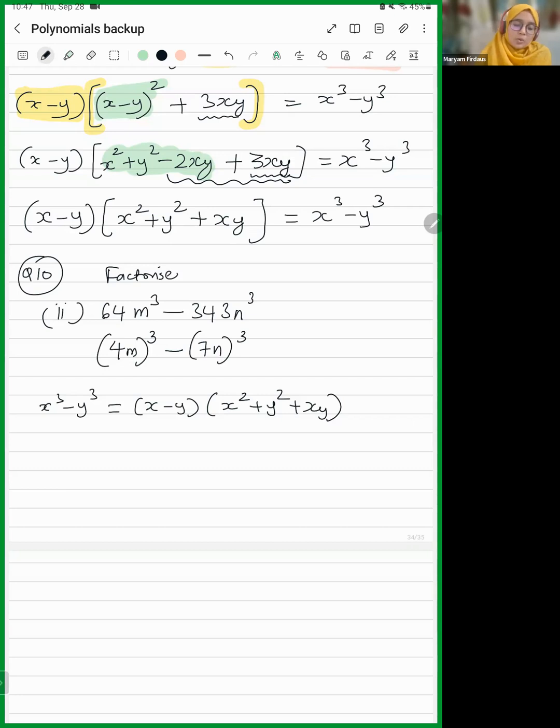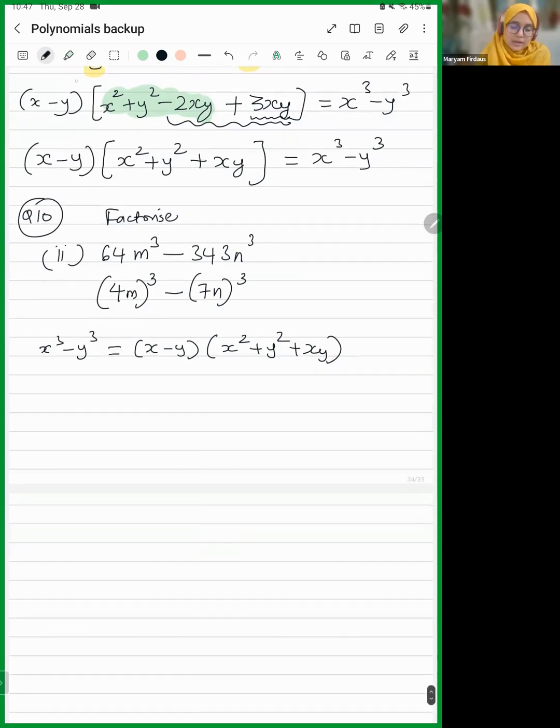Okay, so this becomes your 4m minus 7n whole cube. So your x is 4m, your y is 7n. Not minus 7n, just 7n. Okay. So just put the values of x and y.